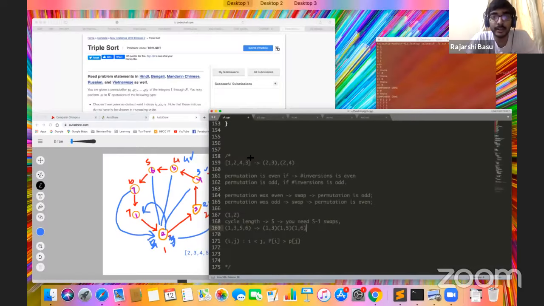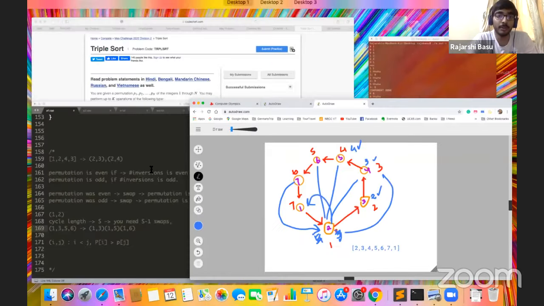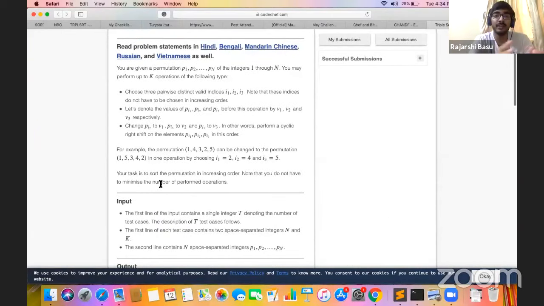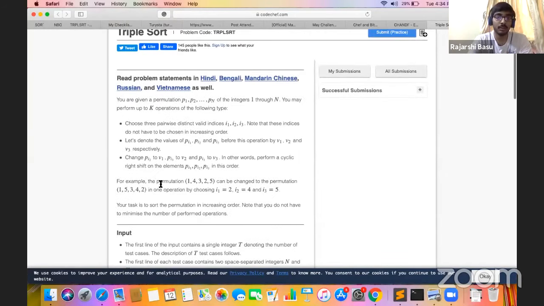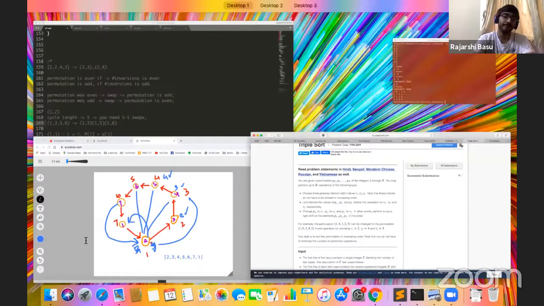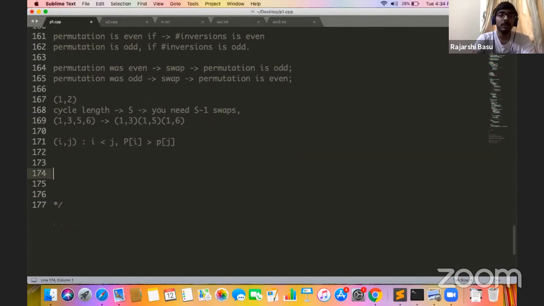Now let's get back to our original problem, right? Here we have this triple sort. So here we have something like shift ijk. I'm saying this correctly, right? So let's say there's this function shift ijk. What does shift ijk effectively do?